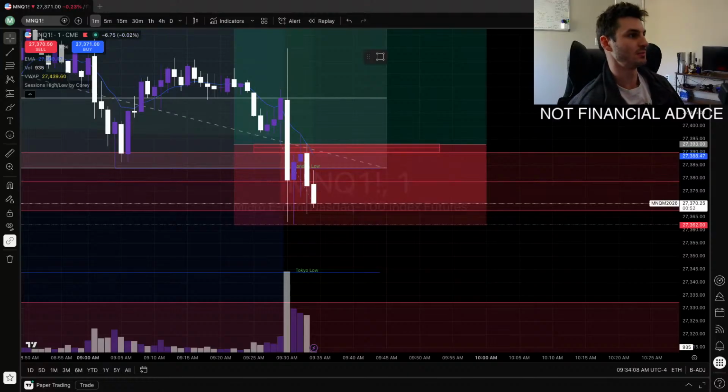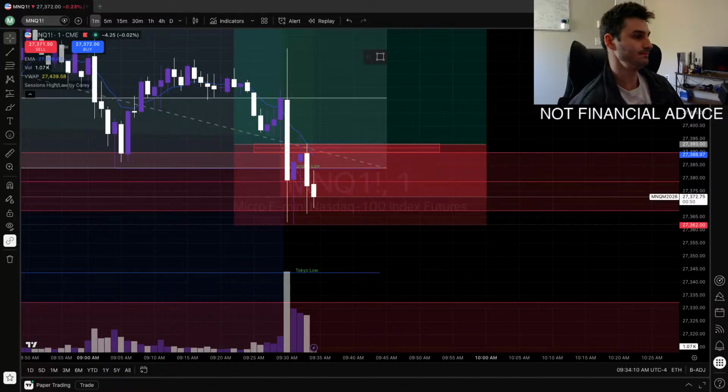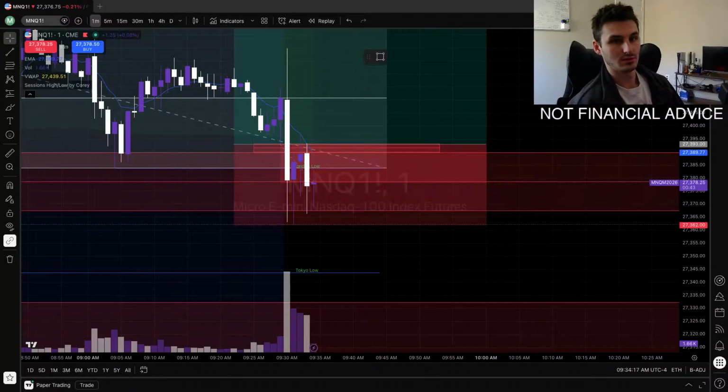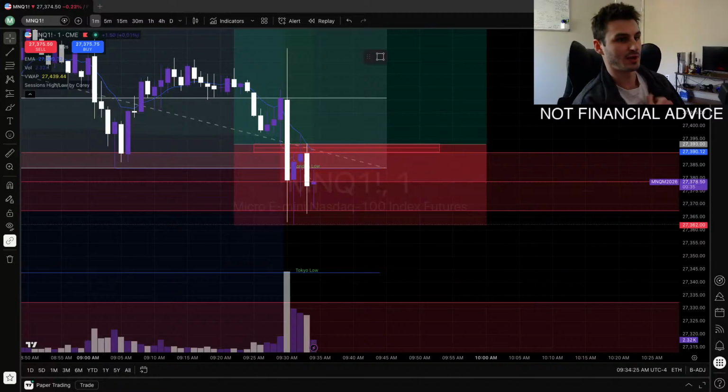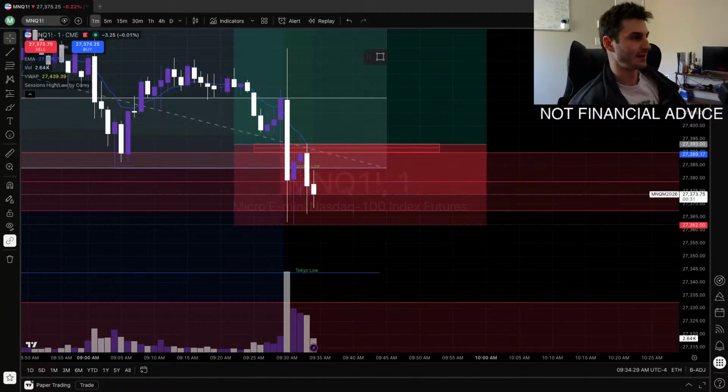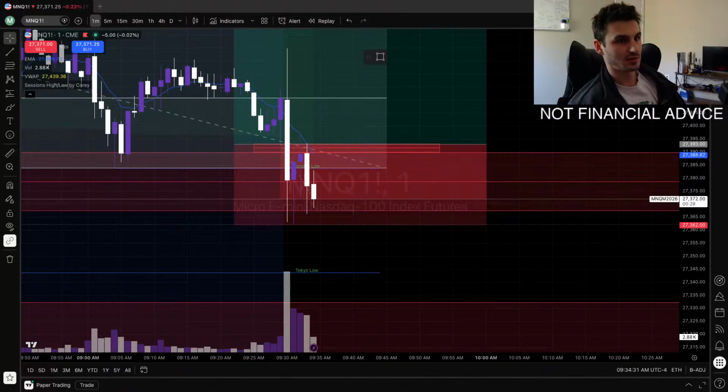So I want to manipulate this pivot low. Right now I'm just looking for some manipulation because our accumulation is already happening. Just want to see how we react off this. If we push low of day, this trade's scratched.